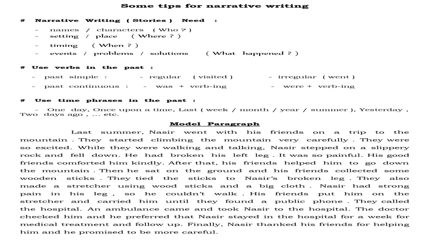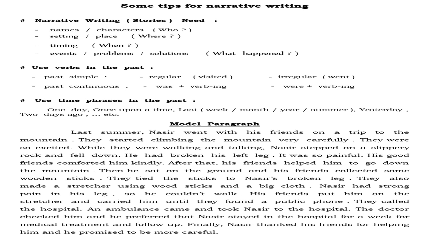Of course, when you tell a story, you are going to use the past tenses like past simple and past continuous. Past simple, regular, visited, irregular, went. Examples of these verbs. Past continuous, forms of was, were, plus verb plus ing. Use phrases in the past.